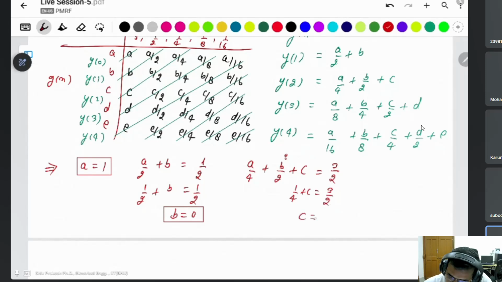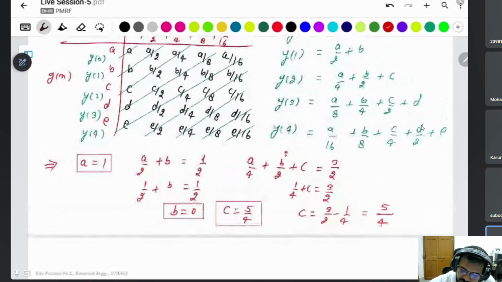Then find the c. c is equal to 3 by 2 minus 1 by 4. This will be 4, then 6 minus 1 will be 5. Then c is equal to 5 by 4.